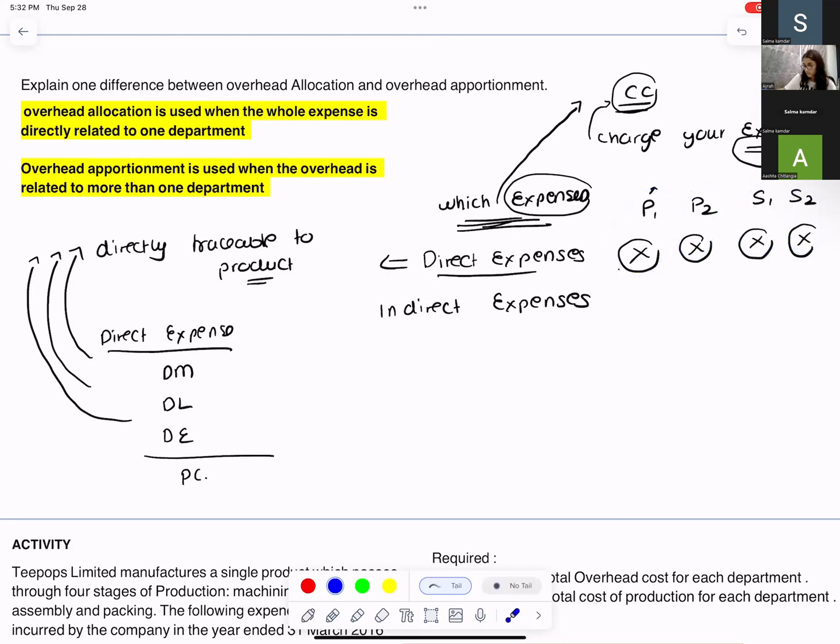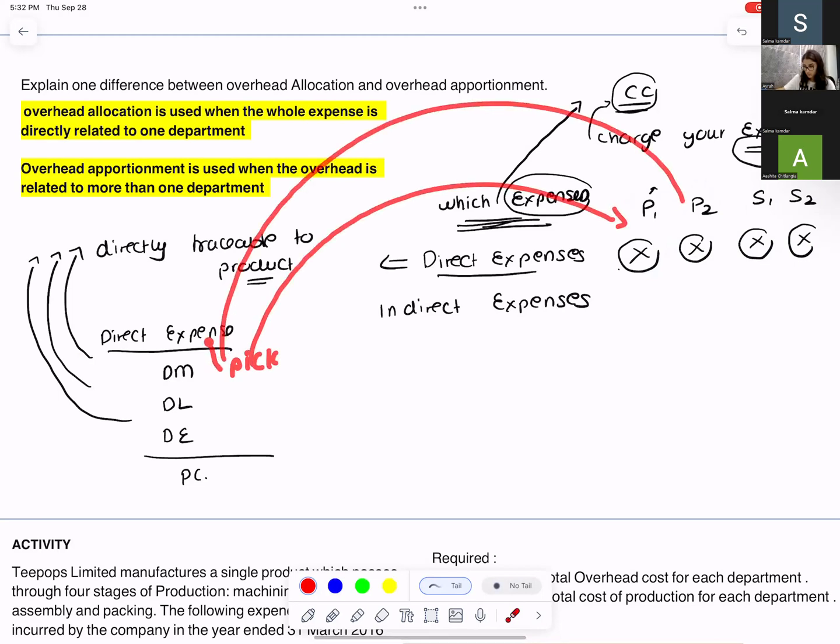So when I exactly know that this expense belongs to this department, I will just pick up that expense and put it in that department. Are you with me?